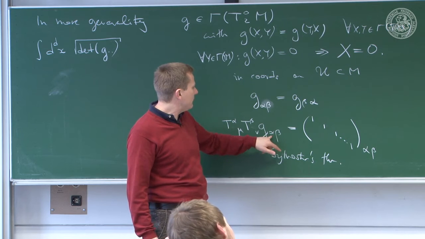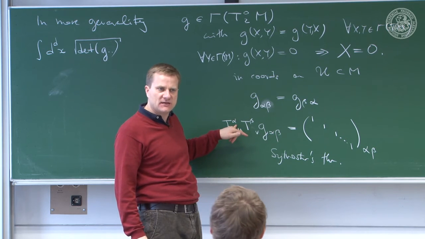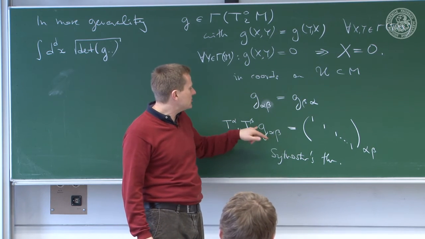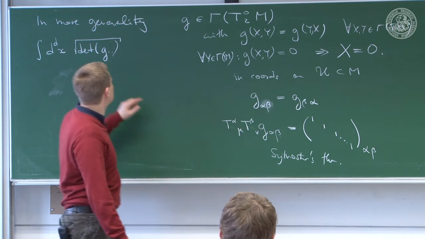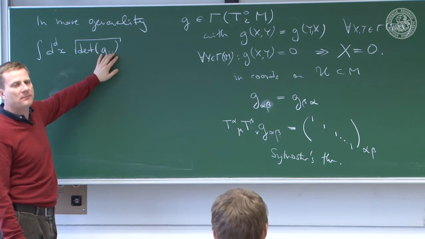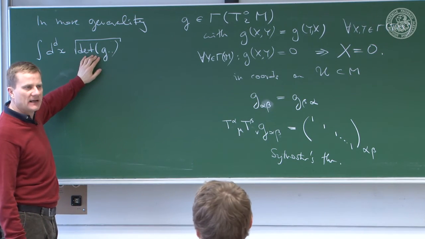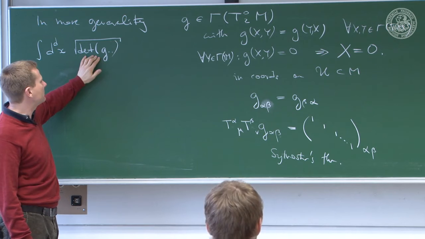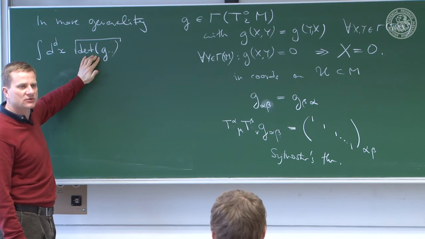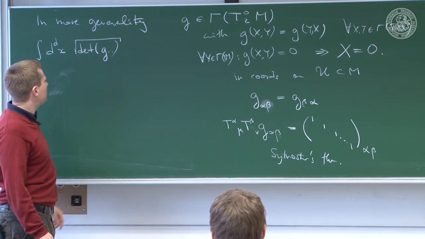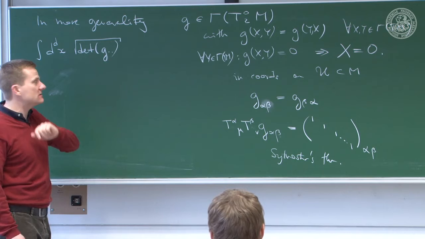The point is, if we change the frame, if we change coordinates, this will not behave as a scalar. So the determinant of a bilinear form does not behave like a scalar under coordinate transformations. It picks up extra terms. However, it picks up precisely those extra terms.